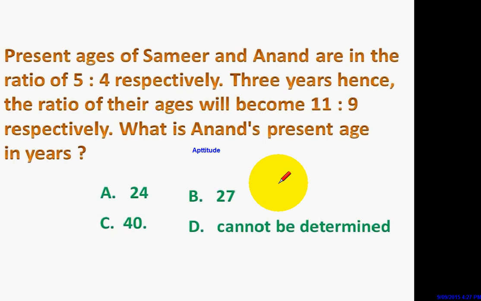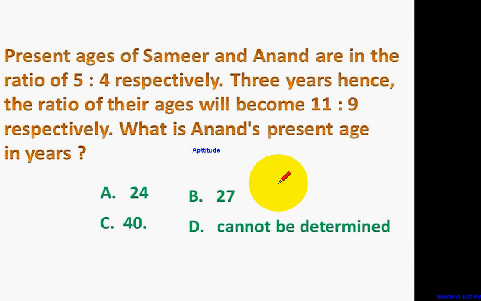So the ratio multiplied by a common factor will give you the value. So let me take that common factor as x. So let me assume the present ages of Samir and Anand as 5x and 4x. The ratio is 5:4, so the ages become 5x and 4x. That's an assumption.